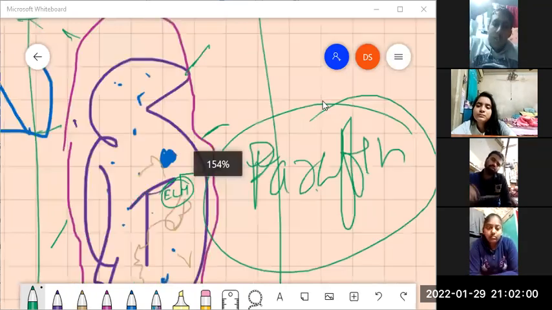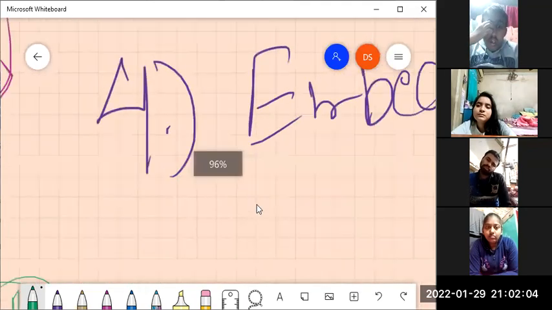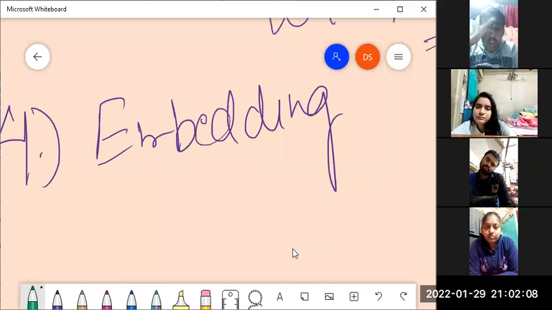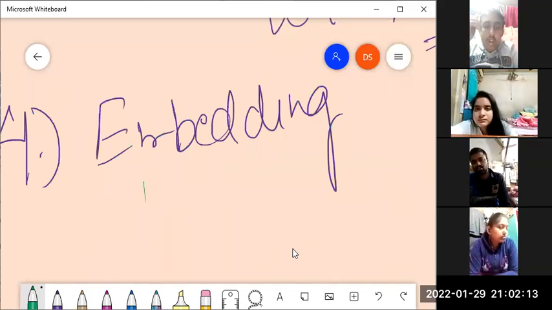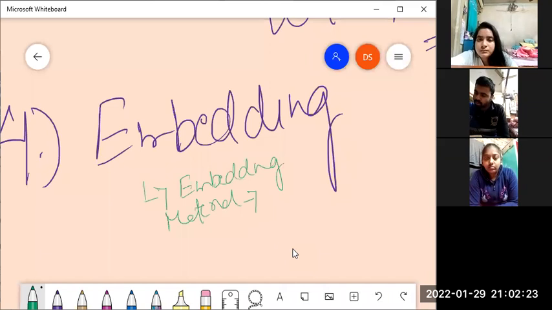So I have here explained another utility of embedding. So for embedding, the details that we need to take is first the common embedding material. What is this common embedding material? This is paraffin.